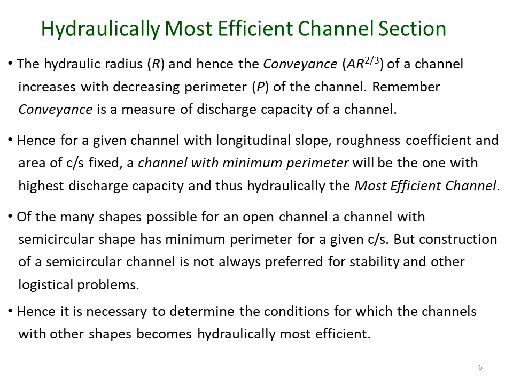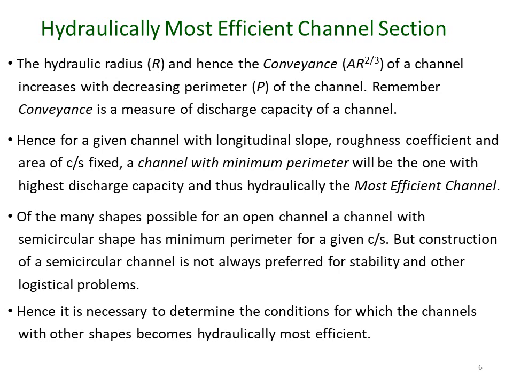a channel with a minimum perimeter will be the one with highest discharge capacity, and thus that channel section can be called hydraulically the most efficient channel section. So this is the concept of hydraulically efficient or most efficient channel.